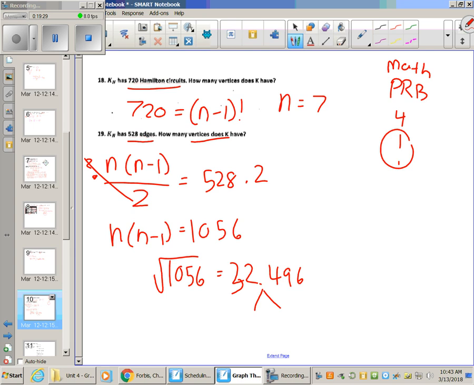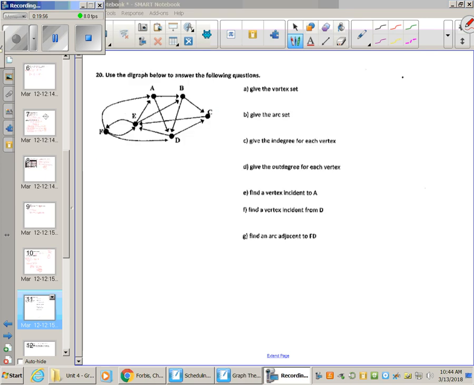That means the two numbers that are multiplied together are 32 and 33. If I multiply those two together, it gives me 1056. But I want the bigger of the two numbers. I don't want n minus 1, I want n. So my answer is 33. You can always check your work by plugging it back in: 33 times 33 minus 1 divided by 2 is 528. So memorize that formula, memorize that process.